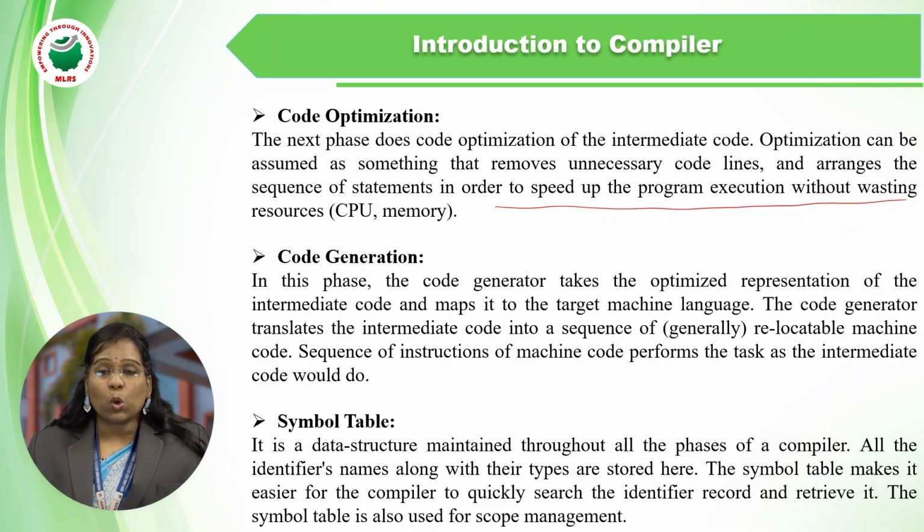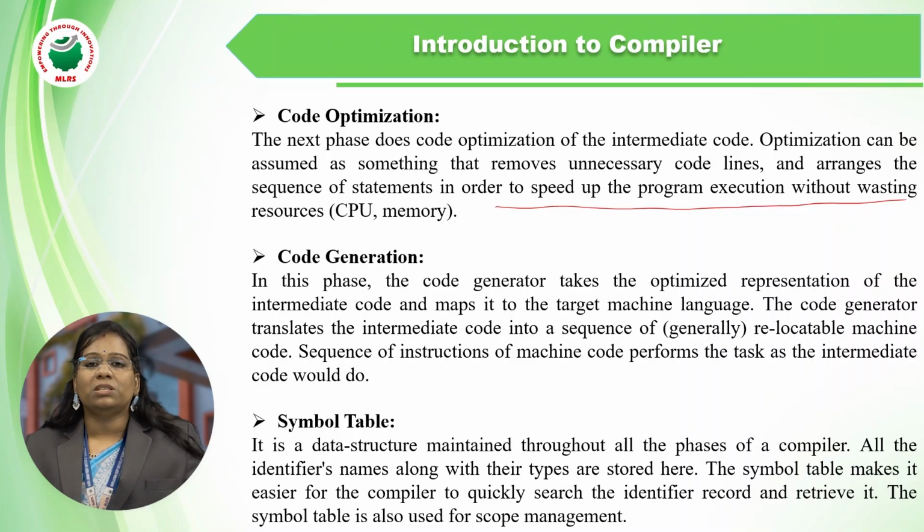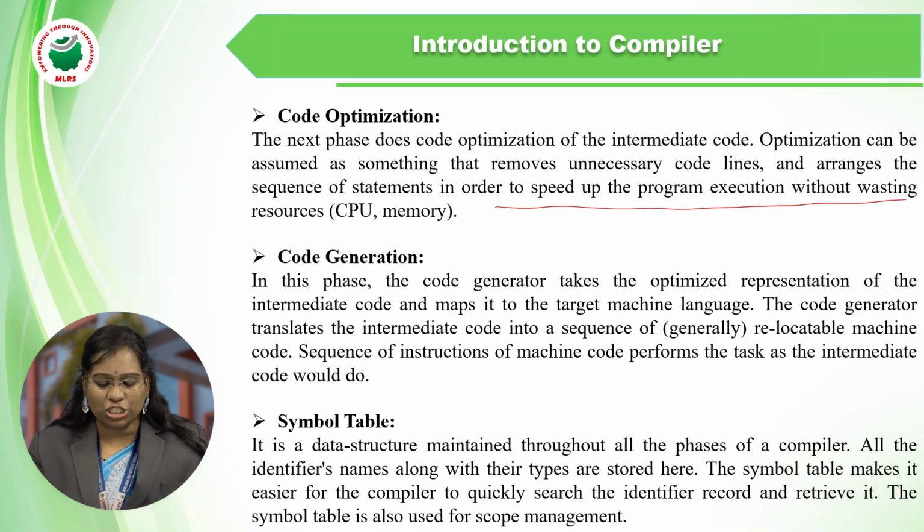The next one is code generation. Code generation is the last phase used in the phases of a compiler. It takes the input from the code optimizer, which is an optimized representation of the intermediate code, arranged in order.